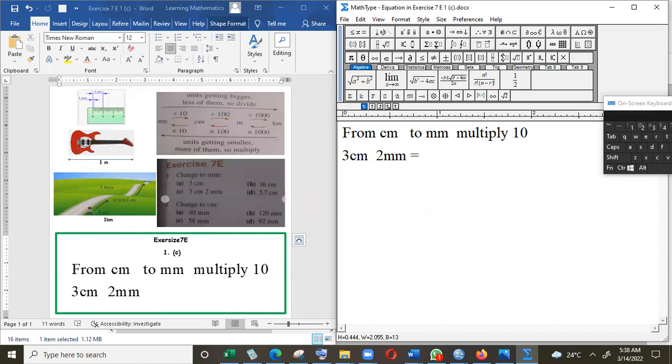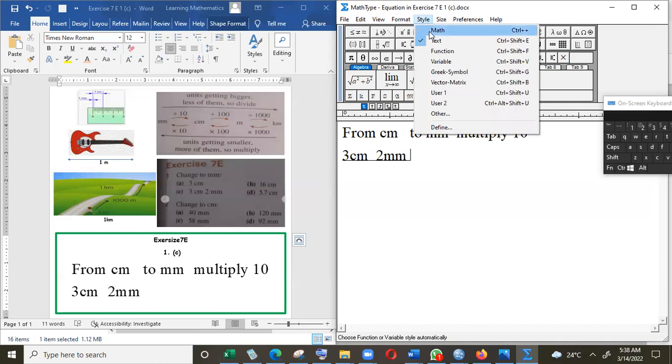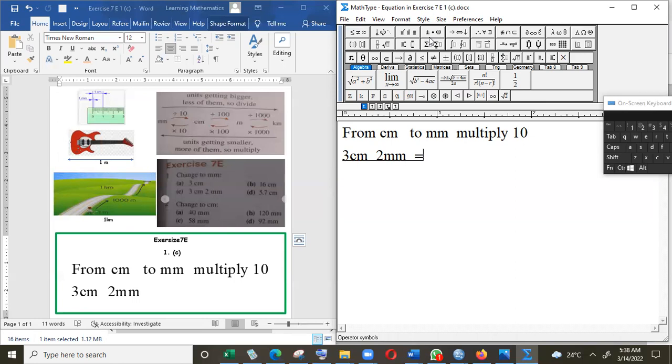So that now will equal to the 3 centimeters, we have to multiply by 10. And we have the 2. So 3 centimeters is 3 times 10 millimeters, but then we have 2 millimeters. We have to add the 2 millimeters.